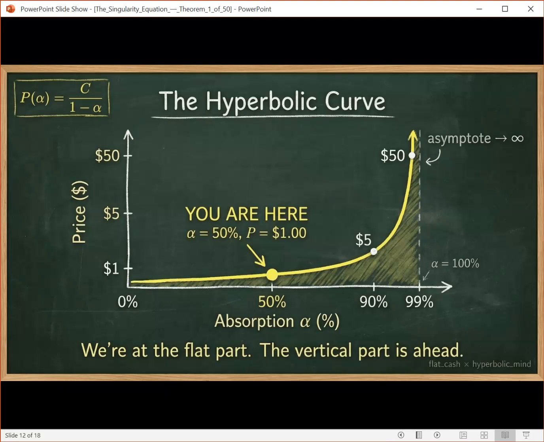And that is the important part, at least to me. Right now when you're at a 50% absorption ratio, we're almost at the very slow part of the curve. And once you cross 90%, the path is going to be crazier and crazier.